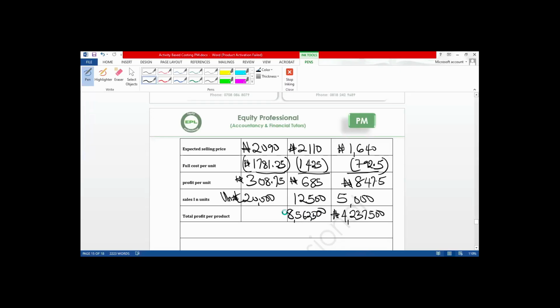That's correct. The next one, alpha, is 6,175,000.